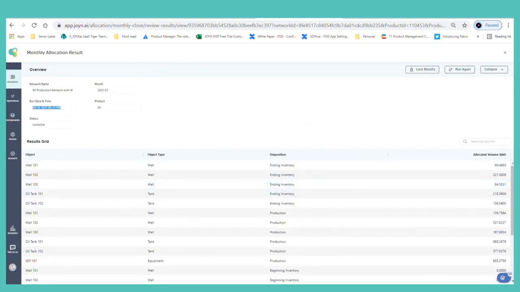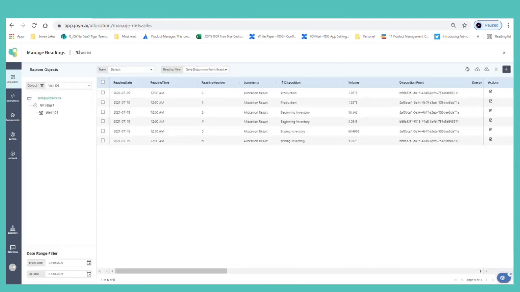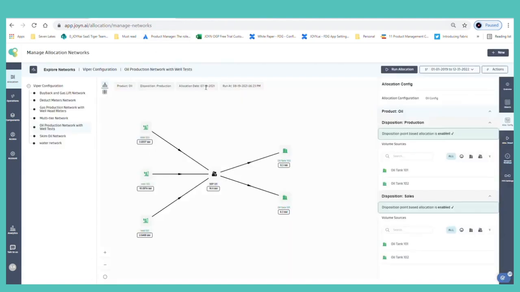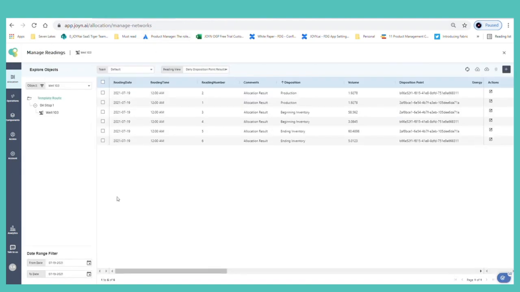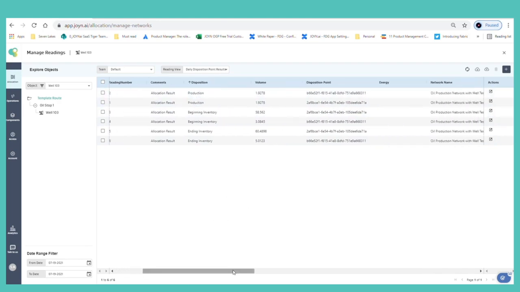It was run at 6:23, and what I'd show now is for the same date, which is 19th of July, when you check the daily disposition point results, you would notice that for each product and disposition combination, you would see the product here, which is production.